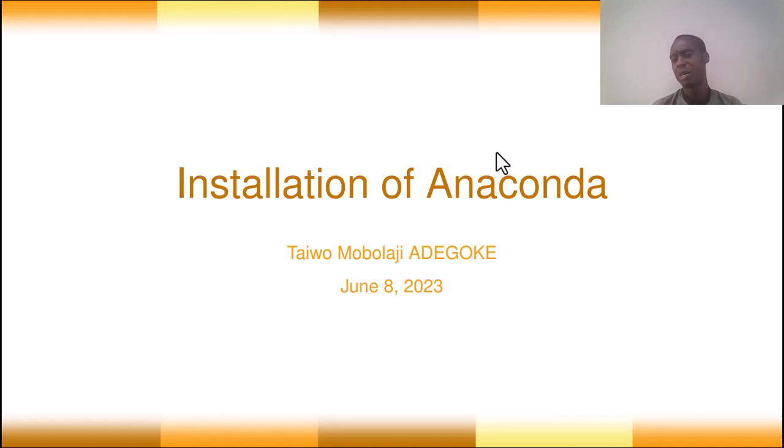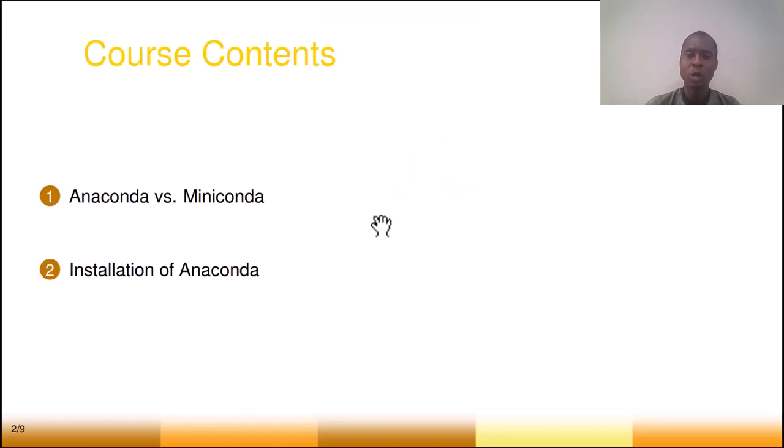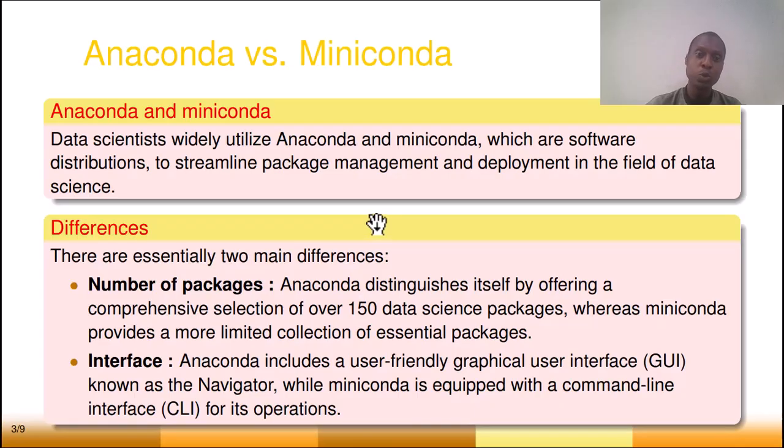Before we go further, there are two types of Conda. Number one is Anaconda and number two is Miniconda. Before we choose which one to install, we will consider the differences between the two and also the similarities between Anaconda and Miniconda.